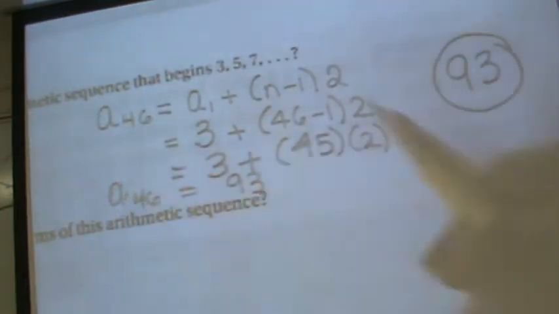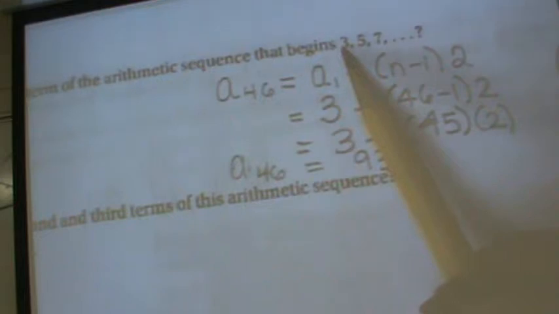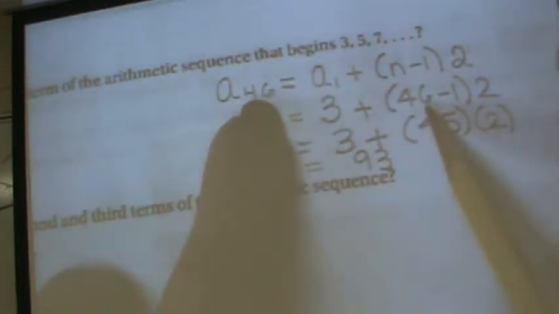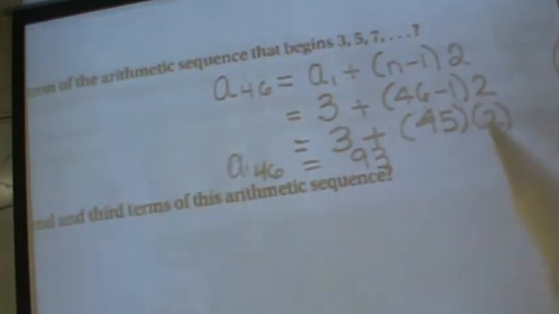The 46th term is 93. You take the first term in the sequence, which is 3, and you're going to add. You're looking for the 46th term, that's your n value, minus 1, so you're going to take the 45th term, multiply by your common difference, which is 2, so 45 times 2 is 90, 90 plus 3 is 93.